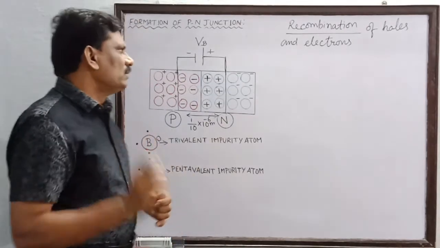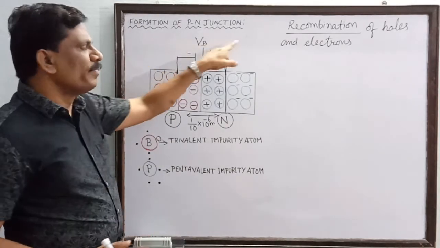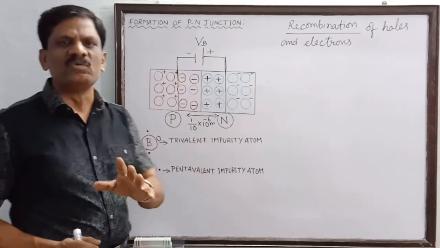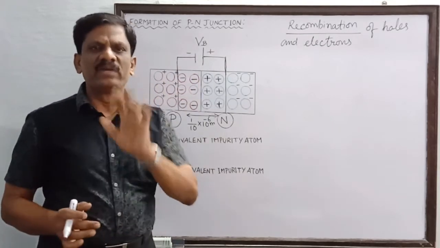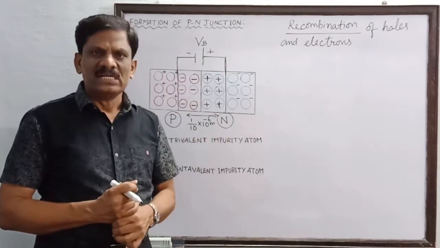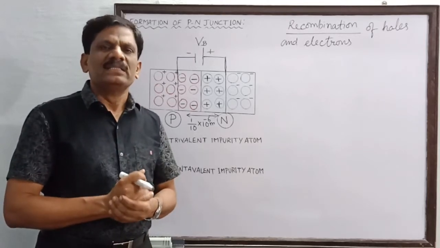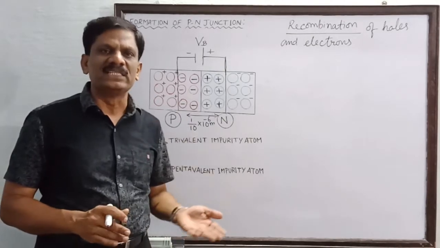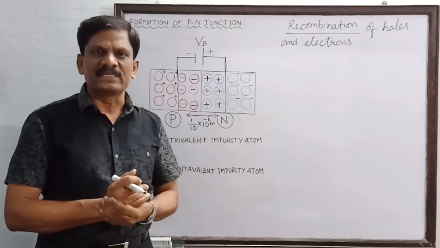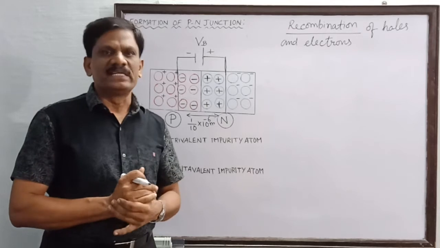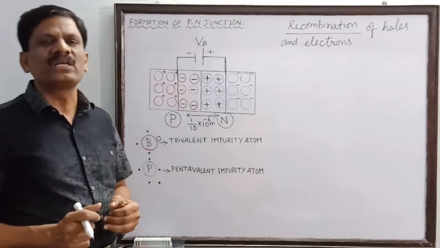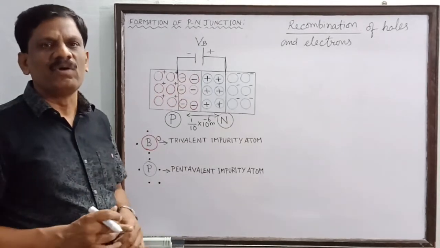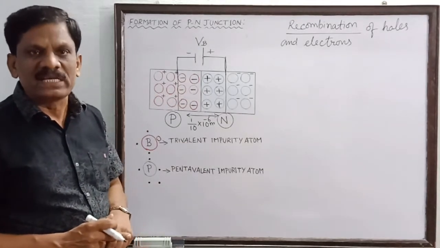Okay, now I said the two important phenomena responsible for the formation of the p-n junction are what? Diffusion and drift. So first one we have understood what is meant by diffusion. So diffusion means what? The migration of the charge carriers from higher concentration to the lower concentration is called as what? Diffusion. We have studied. As a result of diffusion of these majority charge carriers, a current will flow, and that is called as diffusion current.